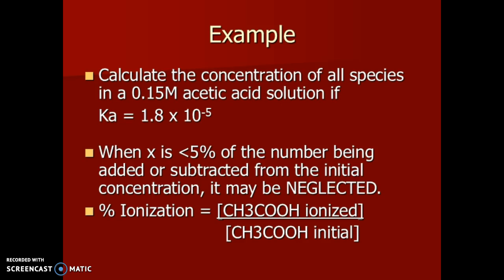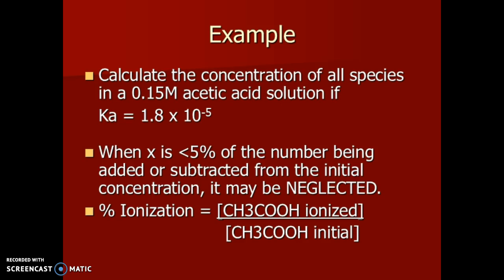This also brings up a very important side calculation, kind of similar to what we would do with stoichiometry, like a percent yield. In these cases, it's actually called percent ionization. And what you're simply going to do is, for percent ionization, you're going to calculate either hydroxide or hydronium ion concentration at equilibrium divided by your initial concentration.